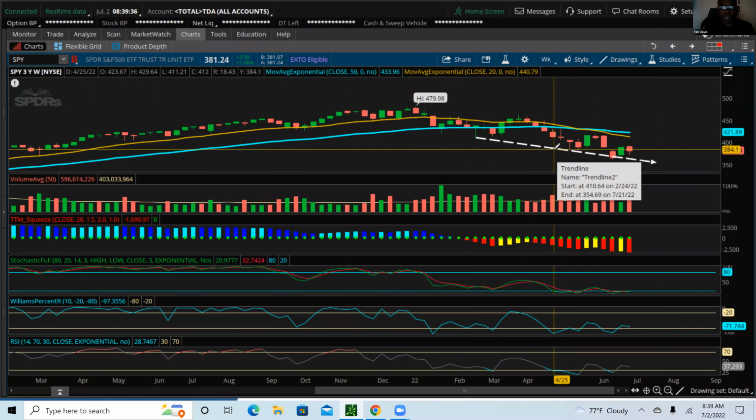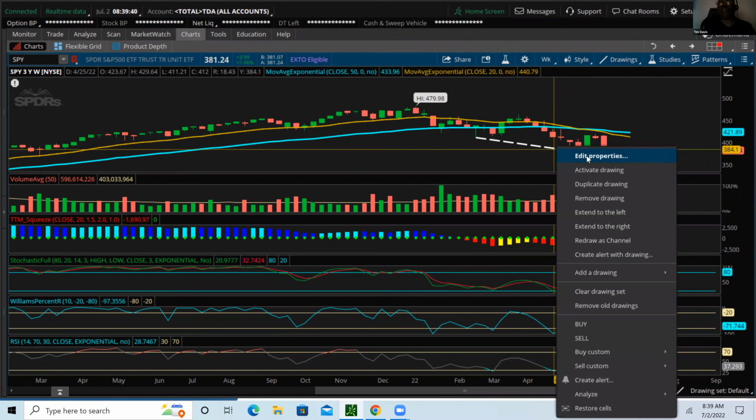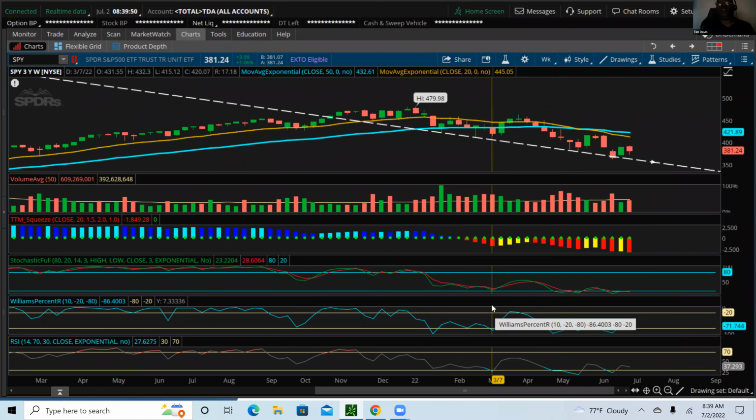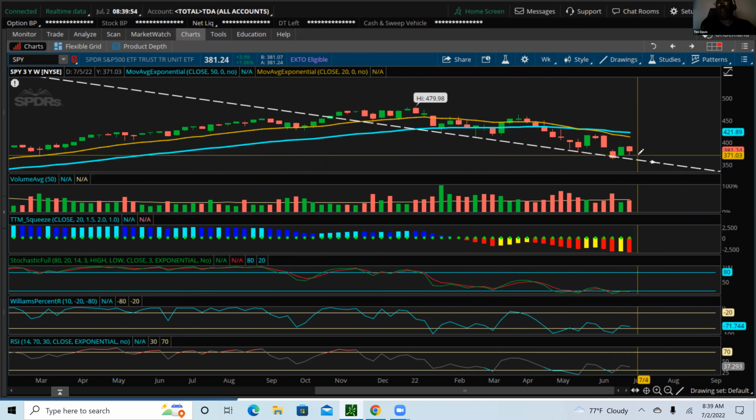Then if you want to extend it, if you're using Thinkorswim, go to the line, right click, hit edit, left extension, put it on. And even if you want a right extension, you can put it on, hit OK. And there we go. You've got yourself an established support level to the downside.